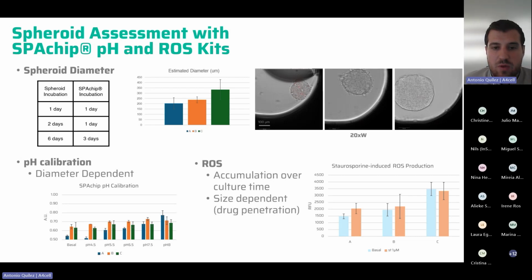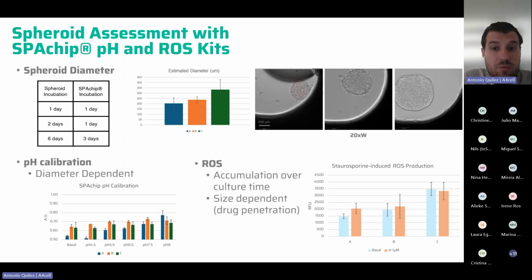We can see in sample A how the signal in the ROS kit is increased, whereas in samples B and C, it even decays at the end. And also, what was surprising is that we obtained larger signals in model C. So when having larger spheroids, we are having an increased ROS signal.